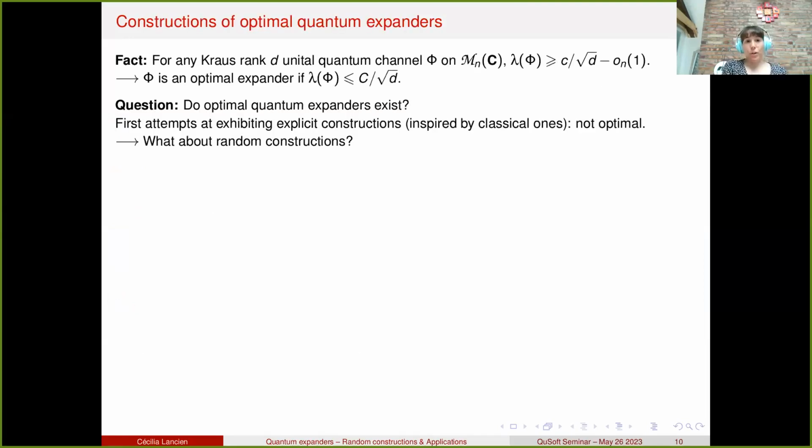The first observation is that also in the quantum case, there is a lower bound on how expanding a quantum channel can be. It is known that if you have a unital quantum channel phi with Kraus rank d, then there is a lower bound on its second largest eigenvalue, which is also of order 1 over square root of d minus some quantity that goes to 0 as n goes to infinity. It is not really known what the optimal value would be here.